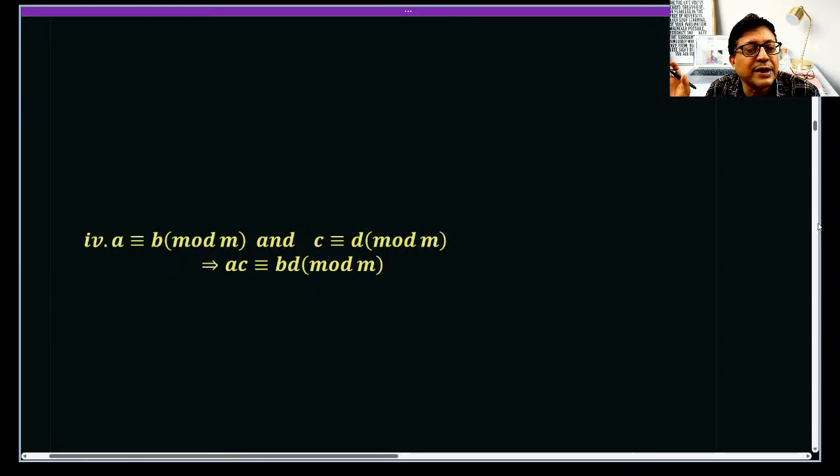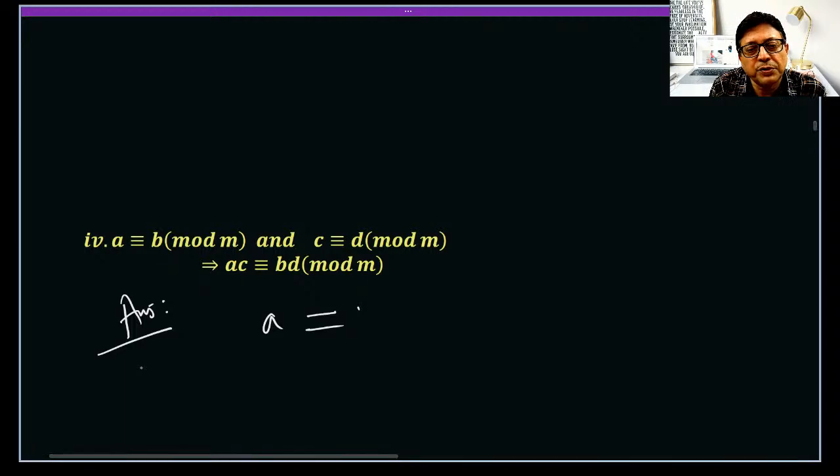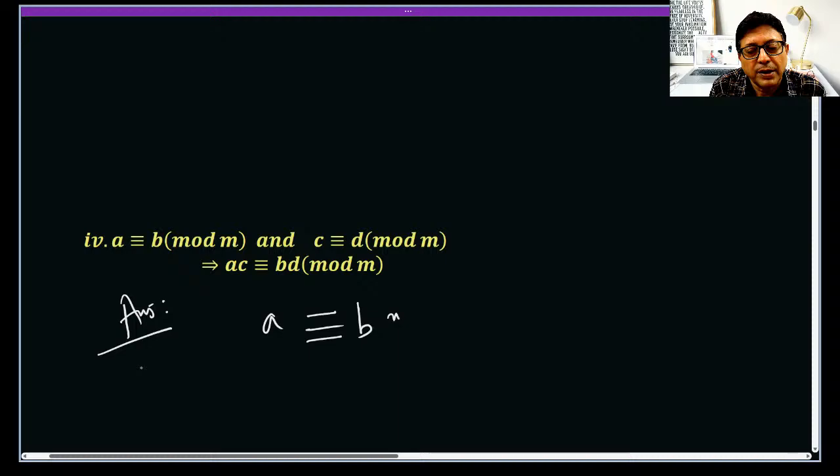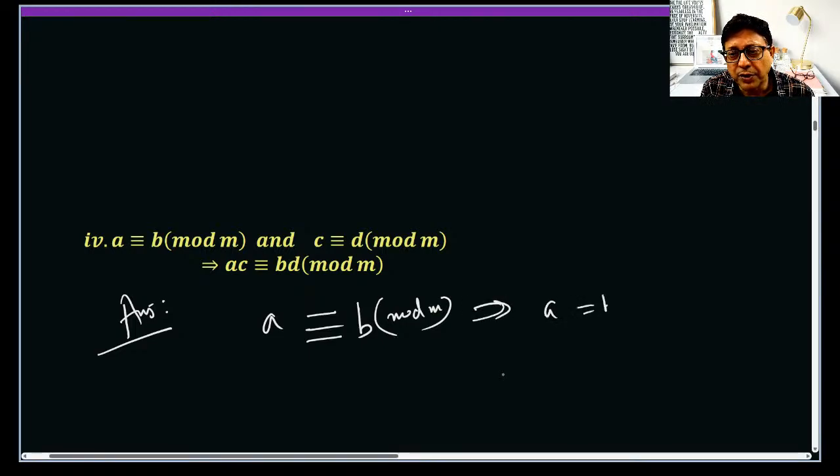How to prove? If A is congruent with B mod M, this will imply that A equal to B plus K1 into M. Check whether I have done correctly or not.